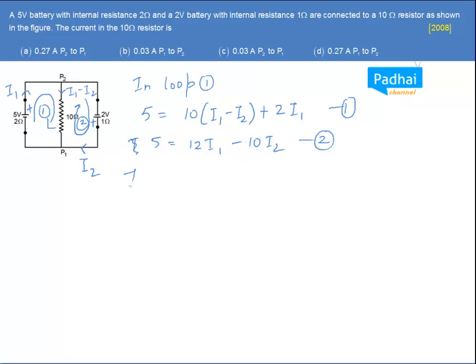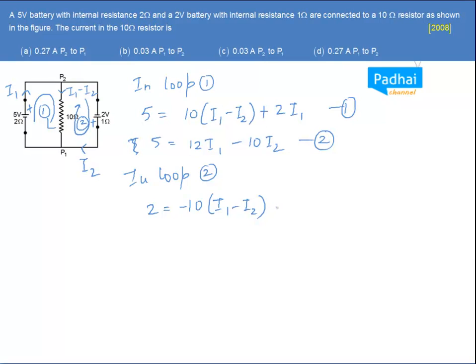Now in loop 2, 2 will be equal to minus 10 into (I1 minus I2), because we are assuming that current is flowing in the downward direction, which is opposite to the loop that we have considered, so it will come out negative. This is the sign convention. You might have a different sign convention, but in Zion tutorials we use this one.